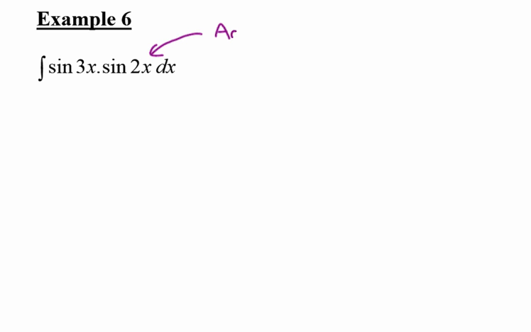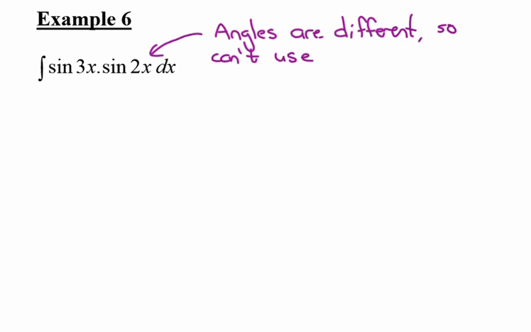The angles are different, so we can't use most of the straightforward identities. I'm going to put straightforward because these are the ones that we could see quite easily that we've been using.